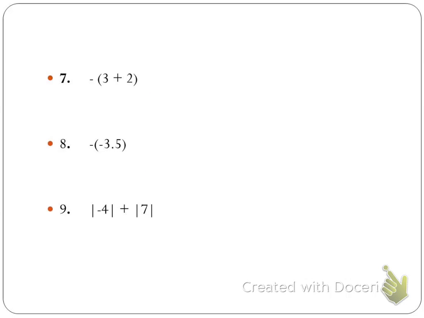Alright, this next set, there's a little bit more to simplifying them. So on number 7, what this means is we are taking the opposite of 3 plus 2. So first, what should we do? Yes, we do parentheses first. So inside the parentheses, what do we end up with?